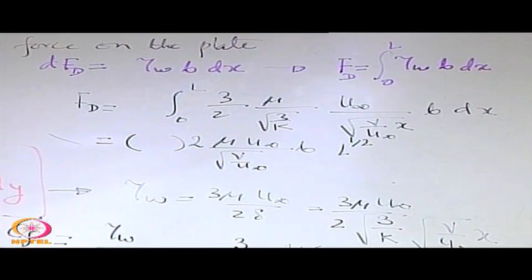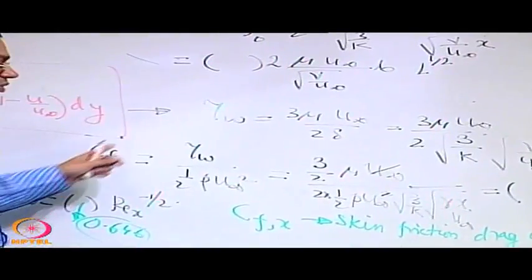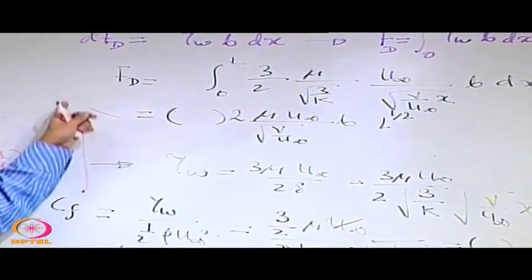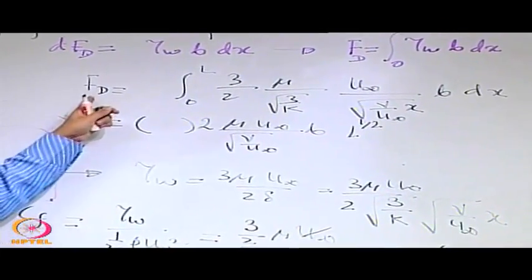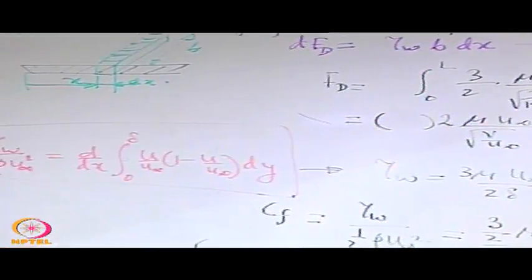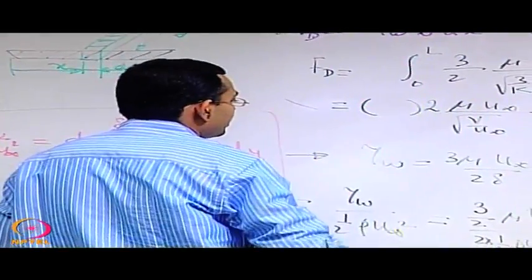Now, just like the local skin friction coefficient is a non-dimensional representation of the wall shear stress locally, there is also a non-dimensional representation of the drag force, and that is given by the coefficient of drag. So let us write the coefficient of drag.